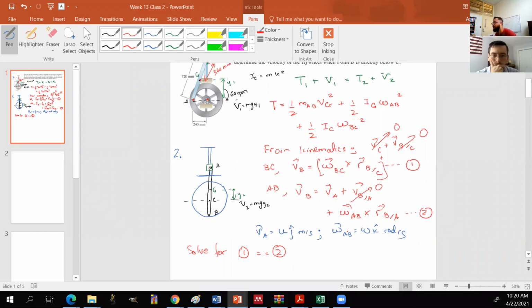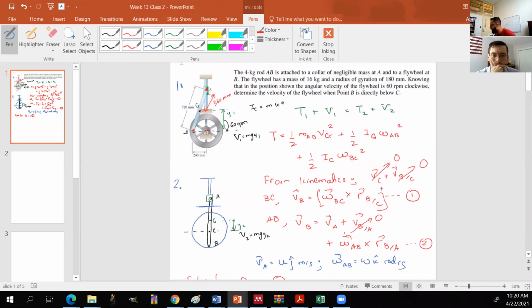Why do I care about what VA and omega AB are? Because in order to find out what VG is, I need to find out those things, right? And the only way to do that is to look at the kinematics of this point over here.